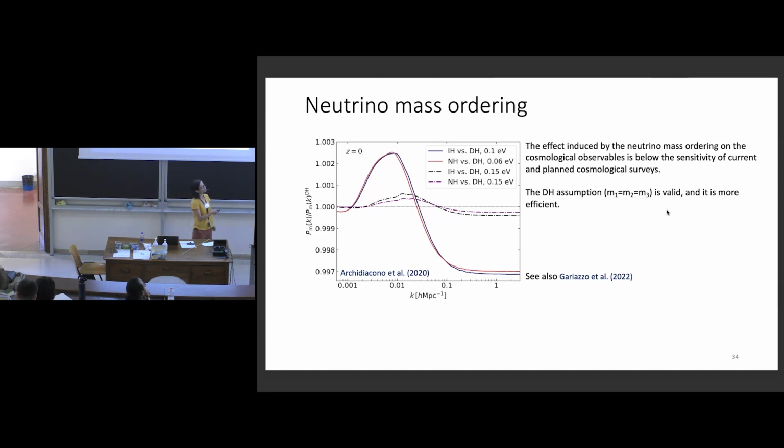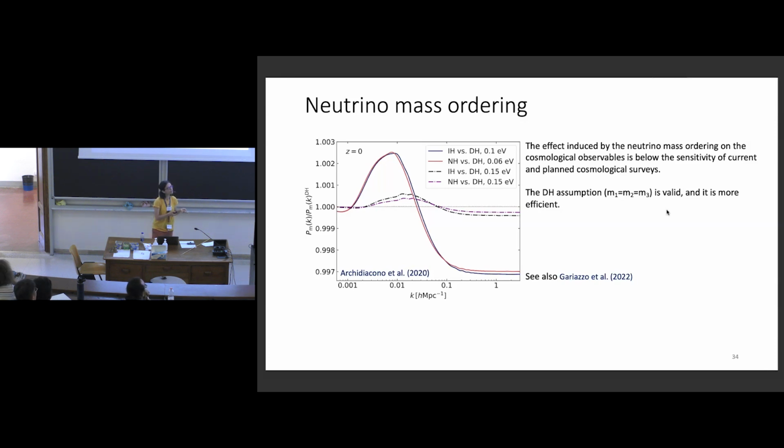If you look at this plot, you see that there is a small difference, because the free streaming scale as well as the redshift of the non-relativistic transition depend on the individual mass. So this is why you have this small effect, but it's way too small to be detected. This is a few per mil, and we are hoping for a few percent. So it's one order of magnitude.